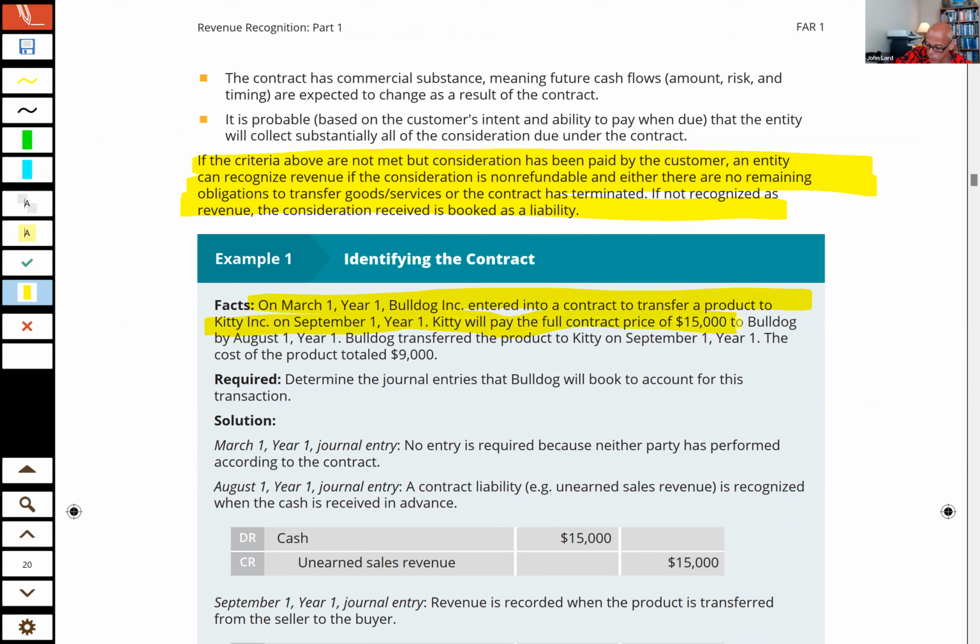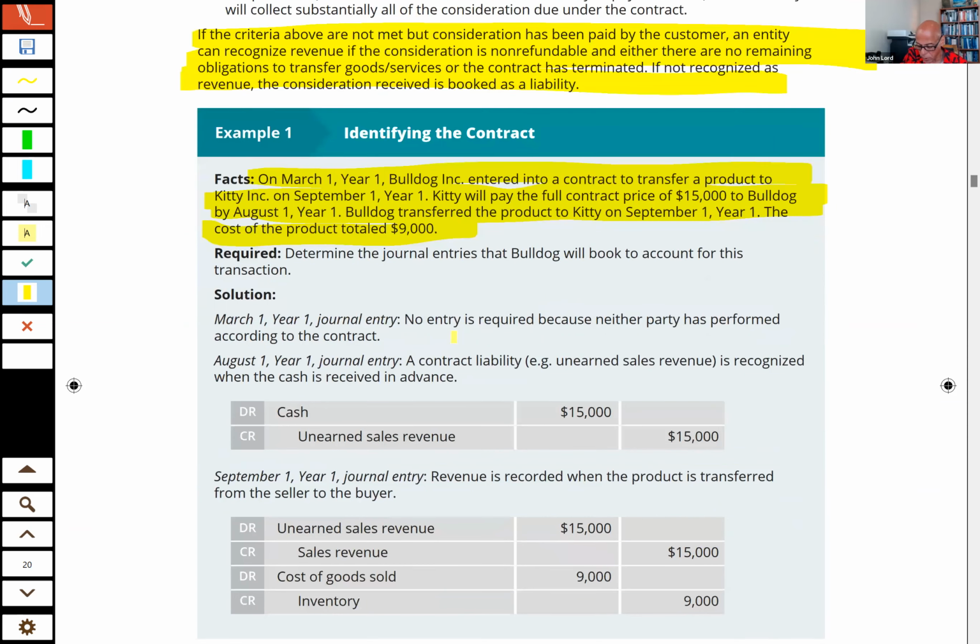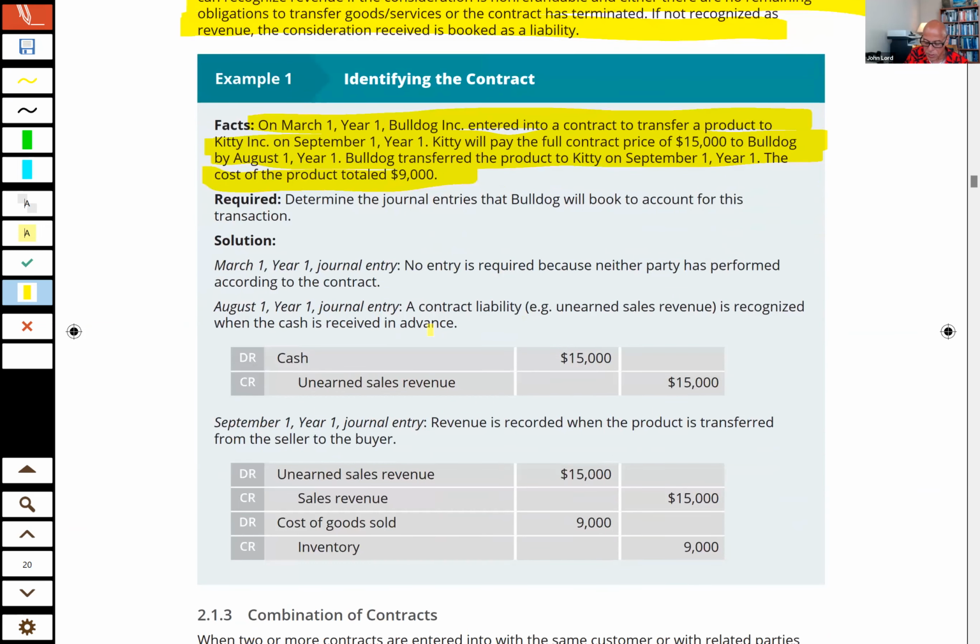Kitty will pay the full contract amount of $15,000 on August 1st, and the cost of the product is $9,000, which is not really significant for the revenue recognition. But notice that on March 1st, we entered into a contract, but there is no entry to be made because nothing has been done at this point.